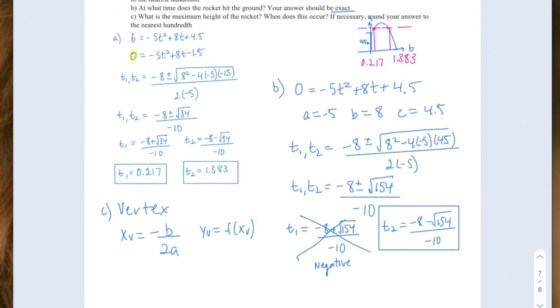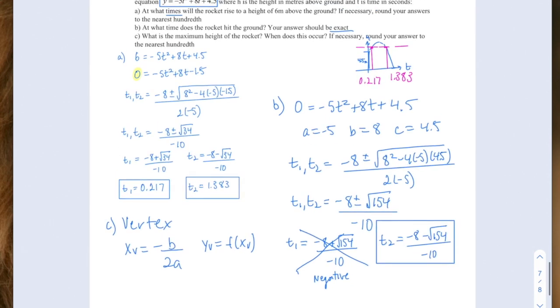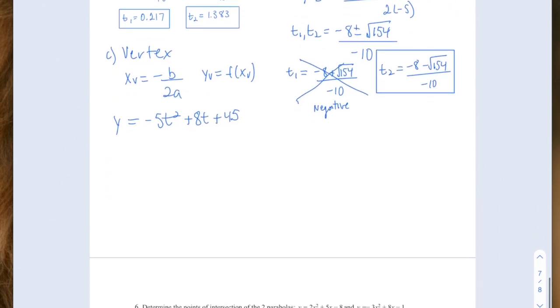In this case I have y equals negative 5t squared plus 8t plus 4.5. To find my t vertex, all I have to do is sub in negative 8 over 2a.